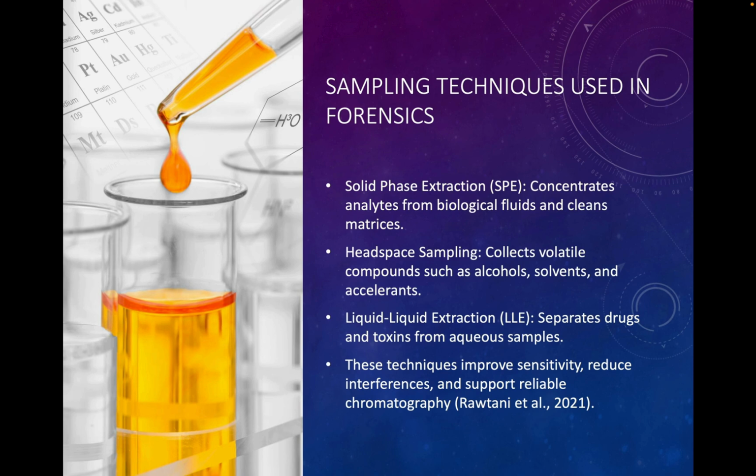Headspace sampling is ideal for volatile compounds like alcohol, solvents, and fire accelerants, which I think is especially important in fire debris and DUI cases. Liquid extraction is another method used to separate drugs and toxins from aqueous samples. From my perspective, good sampling sets the foundation for accurate and defensible results.